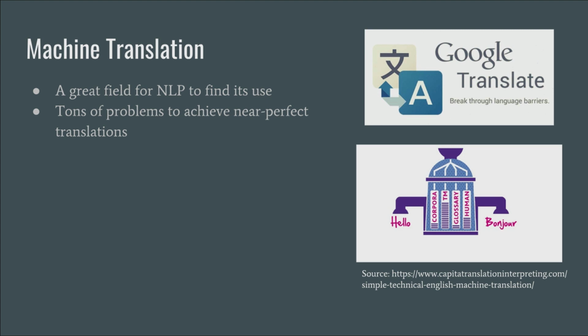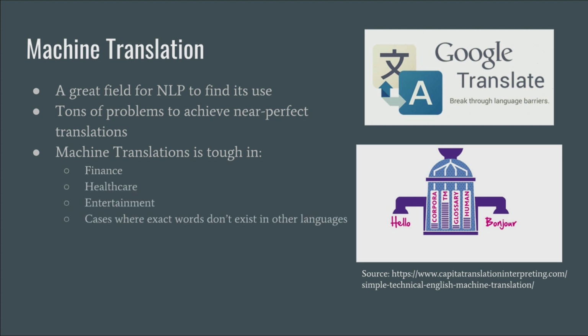In quite a few domains, machine translation still requires a lot of improvement, such as finance, healthcare, and entertainment, especially in situations where the exact words don't exist in other languages and they require replacements.